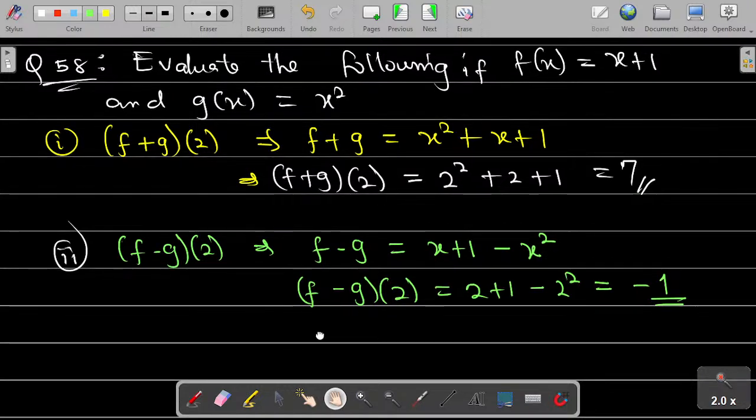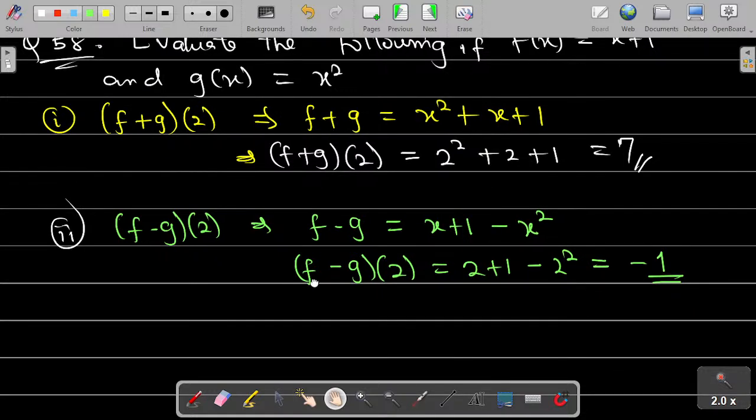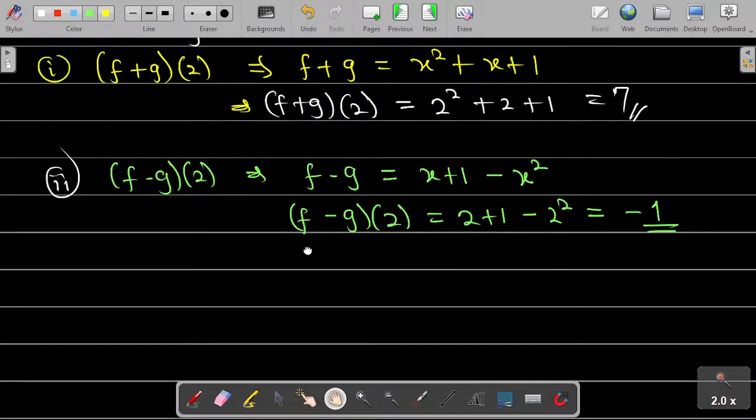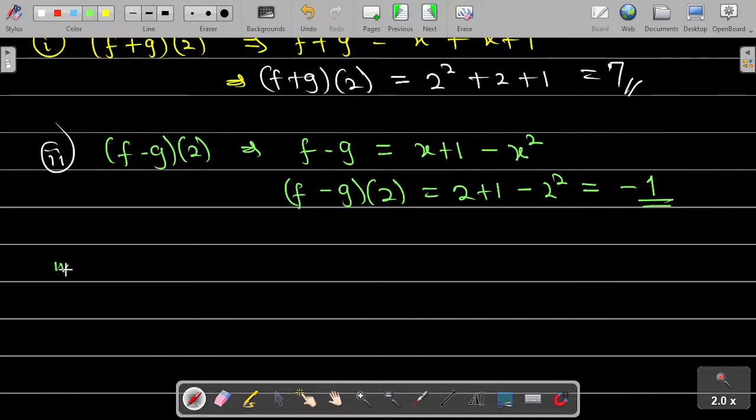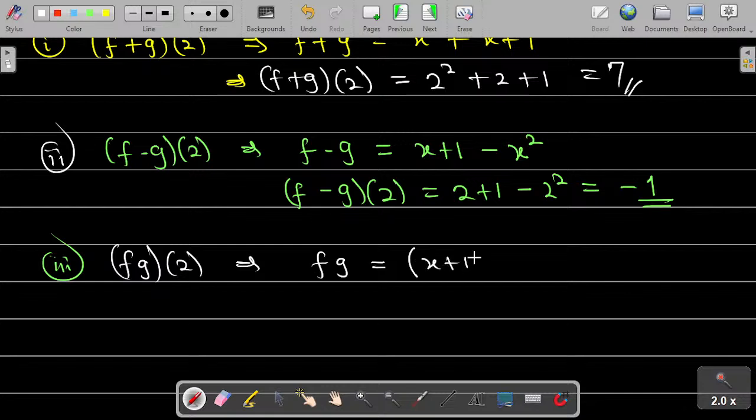And then again we move over to the third part of that question. Is there a third? Yes. The third, they said we are looking for fg of the same 2. This time around, fg means multiplication, so we are going to multiply f by g. What is our f? Our f is x plus 1. You are multiplying it by g, which is x squared.